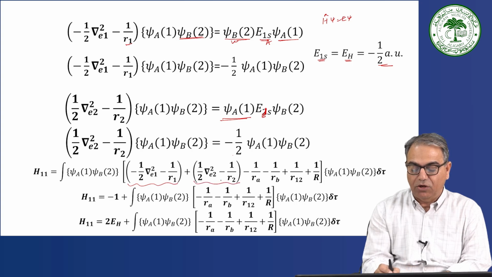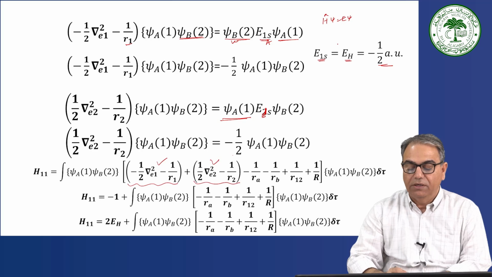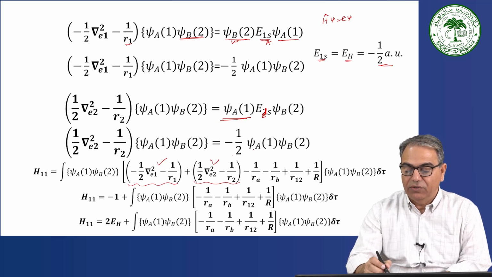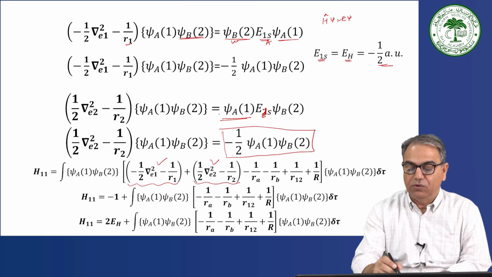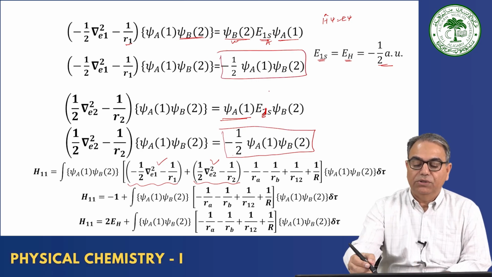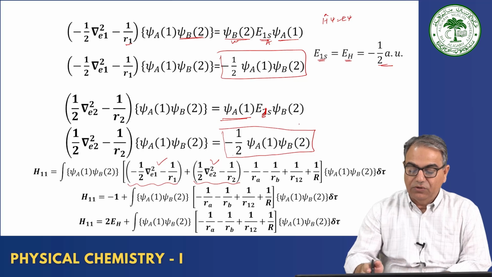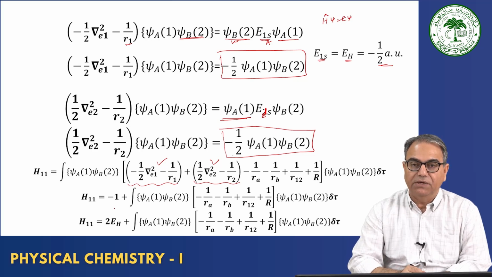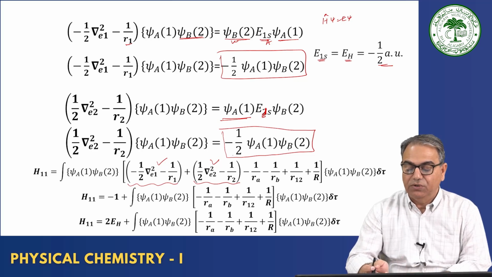We have solved this one: the operation by this Hamiltonian and the operation by this Hamiltonian is already solved. At both places you get minus 1 by 2 psi a1 psi b2, minus 1 by 2 psi a1 psi b2. Both have the same value, so you can sum it up and write minus 1 times psi a1 psi b2.